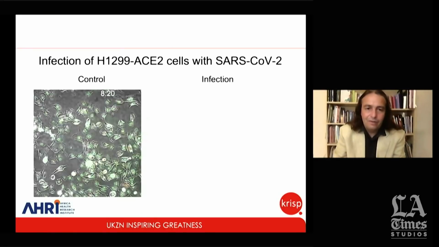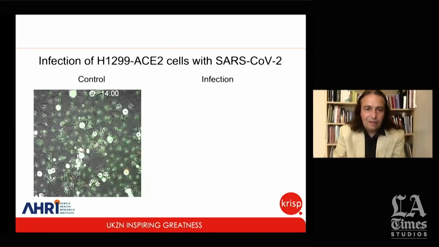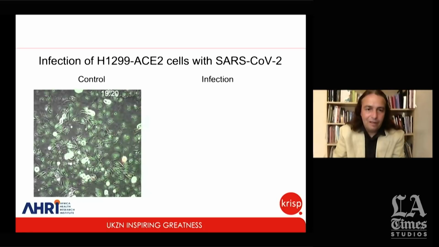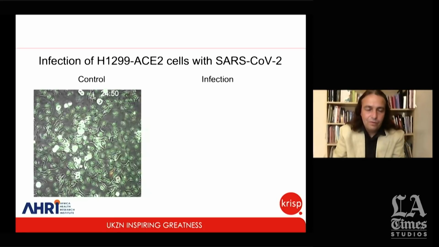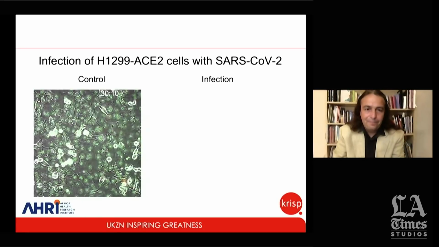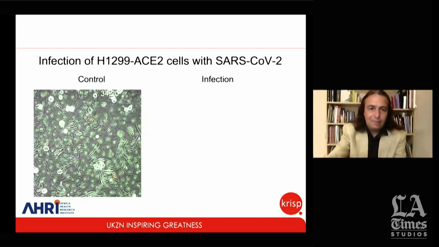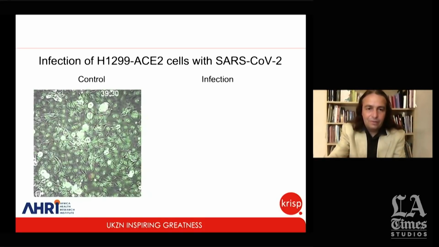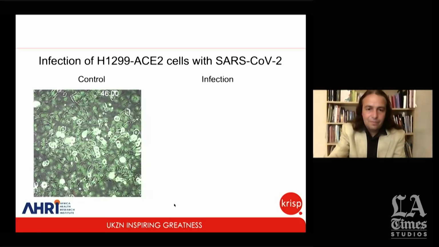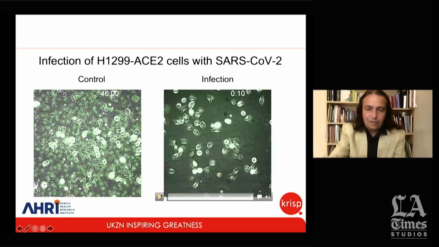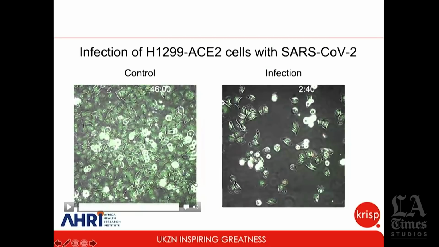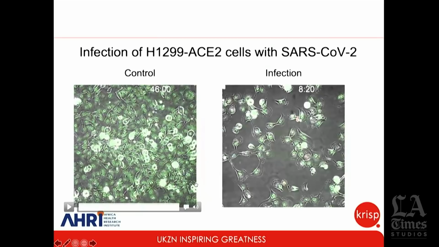Yes. Okay, thank you. So these are the viral cells and the lung cells happily circulating and replicating in the lab. So see what happens when these are infected with SARS-CoV-2. When they are infected, the virus starts infecting them.